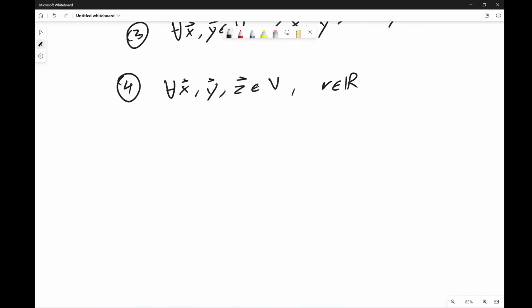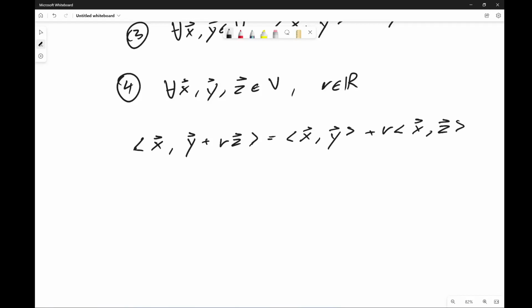So there's some differences, and this might look non-traditional, but we have the inner product of x and y plus r times z. This splits up into the inner product of x and y, plus r times the inner product of x and z.